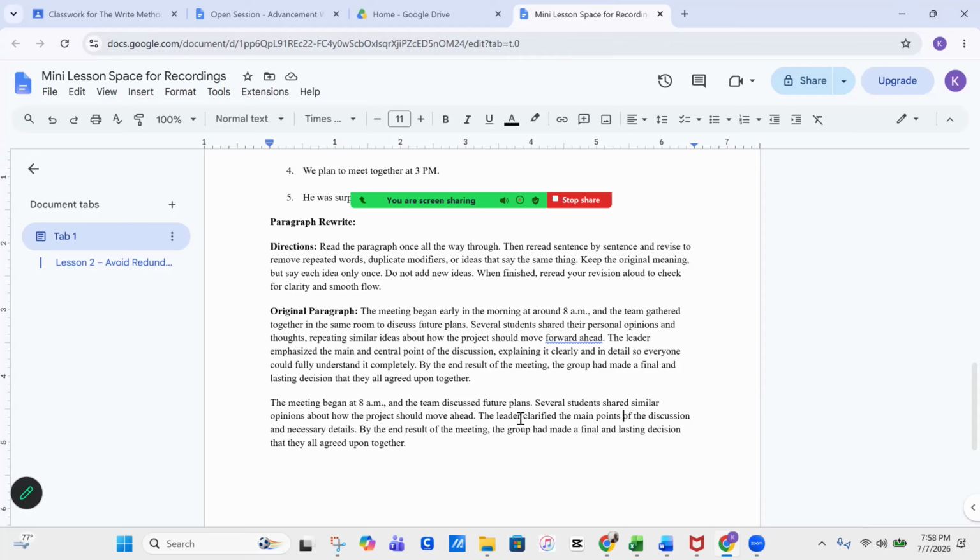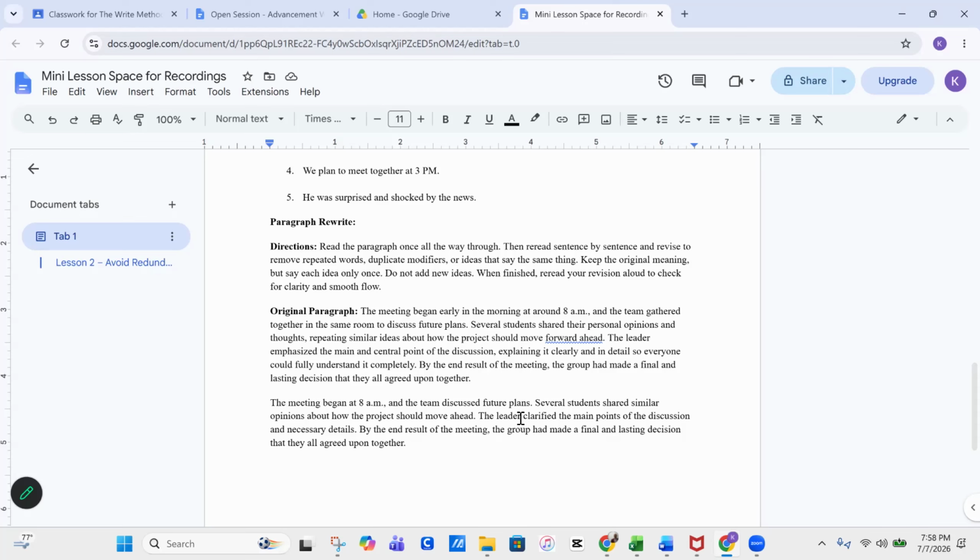The leader clarified necessary details. By the end result of the meeting, by the end, I would argue you don't even just say end of the meeting. By the end, but I'll do it gradually.